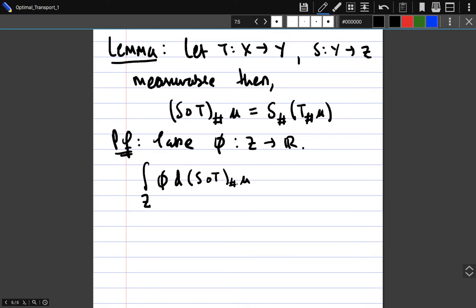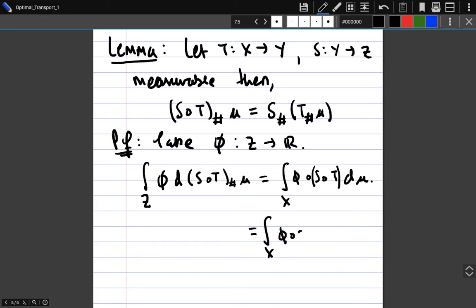But then remember, this just means that you're integrating on the space X by just composing phi with S and T. So this is just the composition with respect to this. But now notice that you don't need to keep all the compositions.